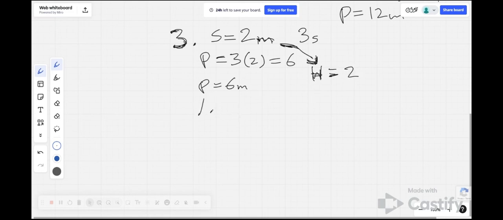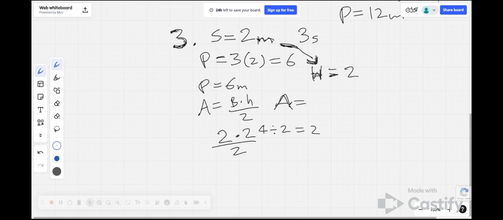So area is base times height divided by 2. So then that would be 2 times 2 divided by 2. So 2 times 2 is 4, divided by 2 is equal to 2. So area is equal to 2 meters squared.